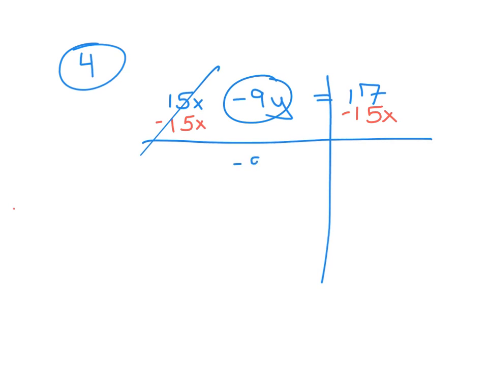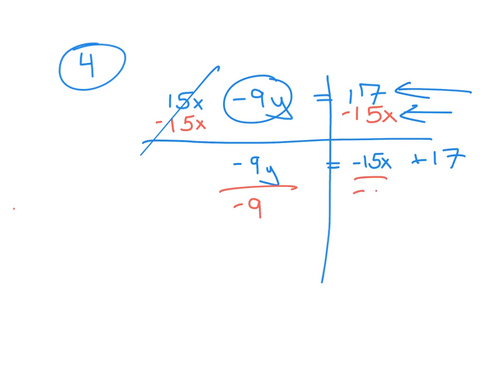So I'm left with negative 9 times y equals negative 15x, and then my positive 17, which I write as a plus 17. My last step is to divide everything by my number in front of y. So I'm going to divide everything by negative 9.